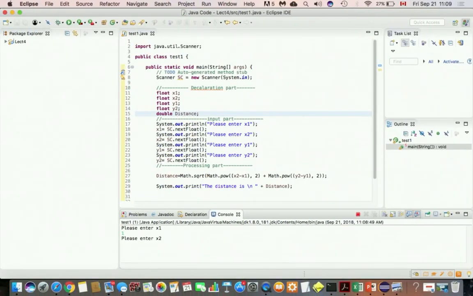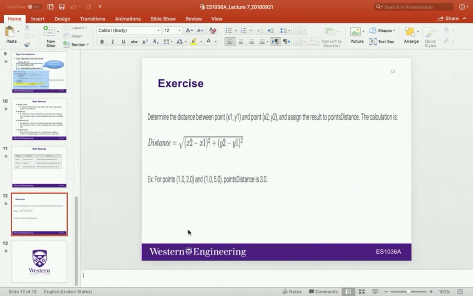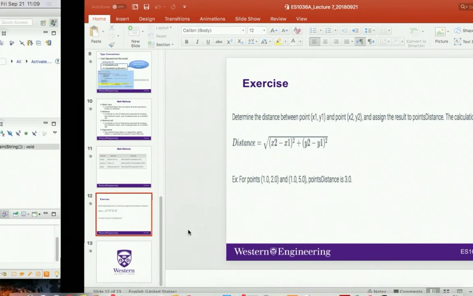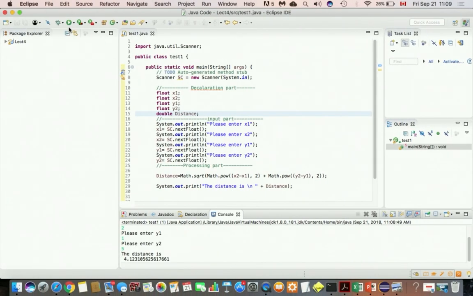So x1 is 1, x2 is 2, then 1 and 5. So something like this. 1 and 2, 1 and 5. x1 and x2 are both 1. So again, 1 and 1, 5 and 2, so the result is 3.